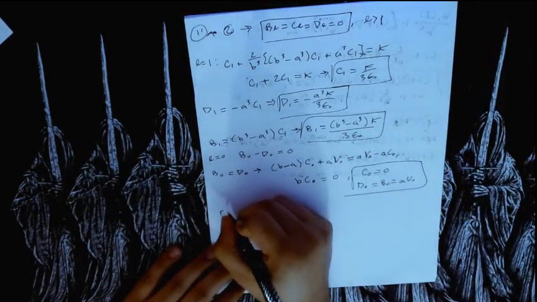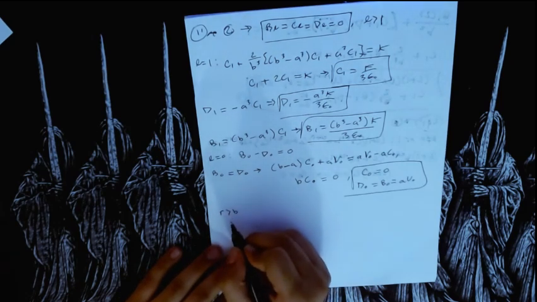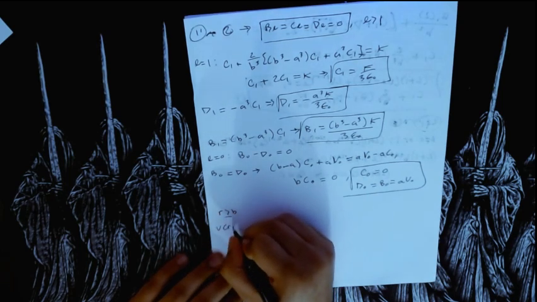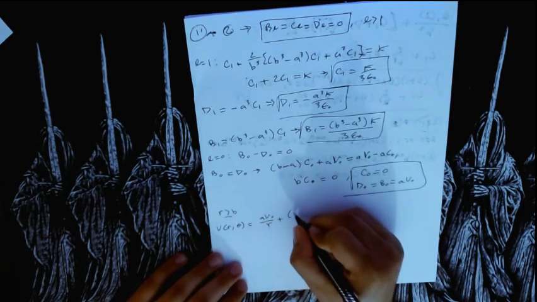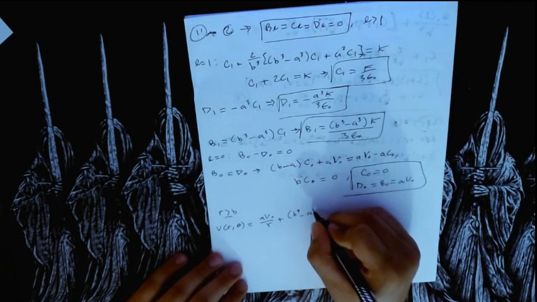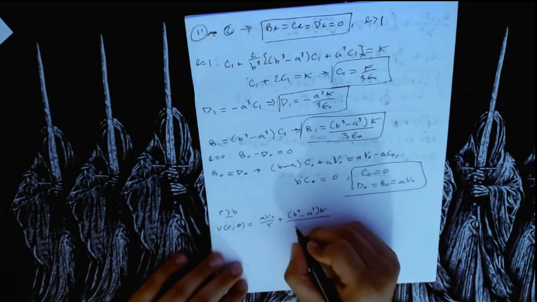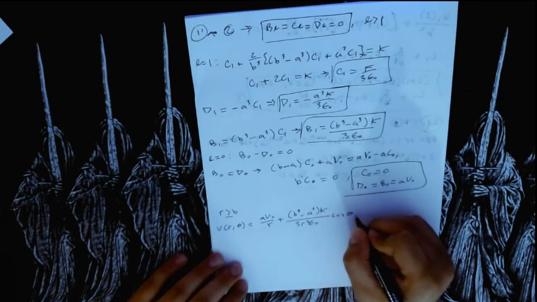So for the region of r greater than or equal to b, our potential in this case is going to be A times V naught over r plus B to the power 3 minus A to the power 3, K over 3 r squared epsilon naught, times cosine theta.